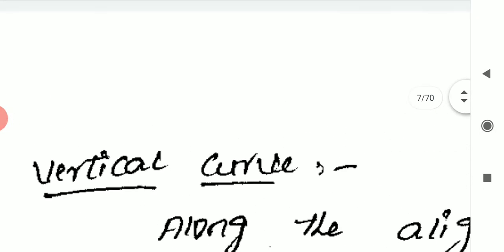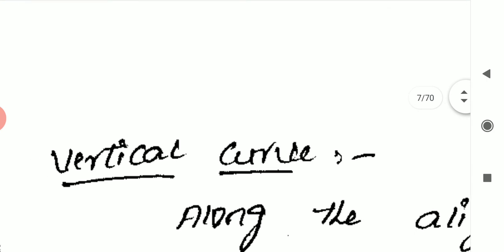Okay, next one is vertical curve. So what is a vertical curve? Vertical curves are provided along the alignment of any project. The nature of the ground may not be uniform and may consist of different gradients.